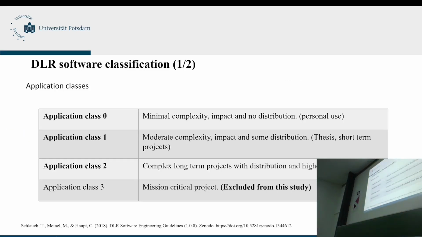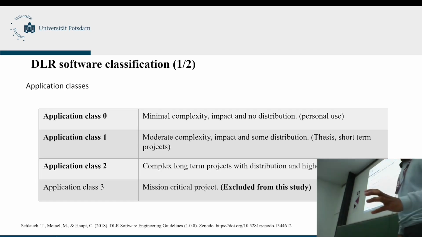Then we followed the DLR software classification to categorize research software into three classes: one with minimal complexity and impact, which are personal use scripts; then moderate complexity, impact, and some distribution, like theses and short-term projects; and complex long-term projects with distribution.